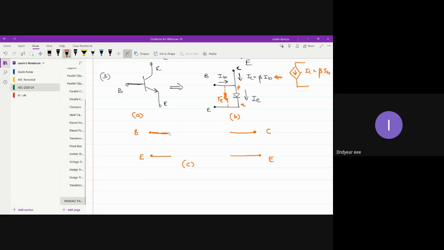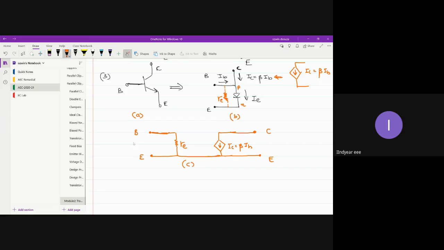So between base and emitter, we have resistance RE, and between collector and emitter, we have a controlled source IC, which is given as beta times IB. Then you can join the two because the emitter is common terminal to both input circuit as well as the output circuit, right?